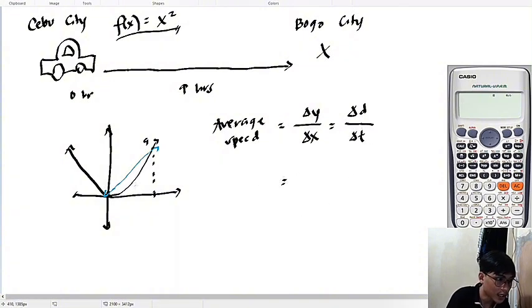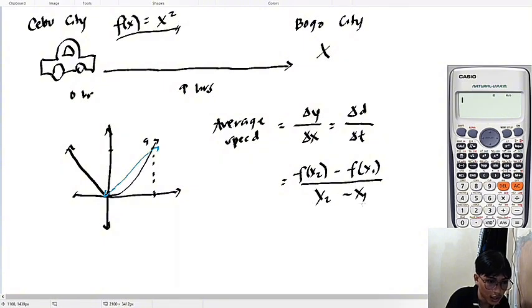So notice from this graph, ang change of y niya is nag-start siya from this point to this point. So meaning ang f(x sub 2) i-minus na to with f(x sub 1) all over change of x is simply from this point to this point, x sub 2 minus x sub 1.